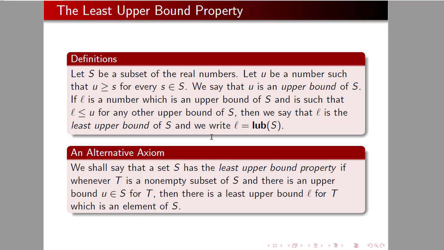Now, this axiom is an alternative axiom to the nested interval principle. We say that S has the least upper bound property if whenever T is a non-empty subset of S and there is an upper bound U in S for T, then there is a least upper bound L for T, which is an element of S. So each non-empty set that has an upper bound will have a least upper bound.